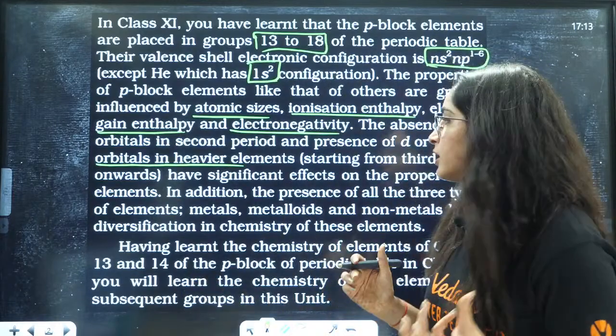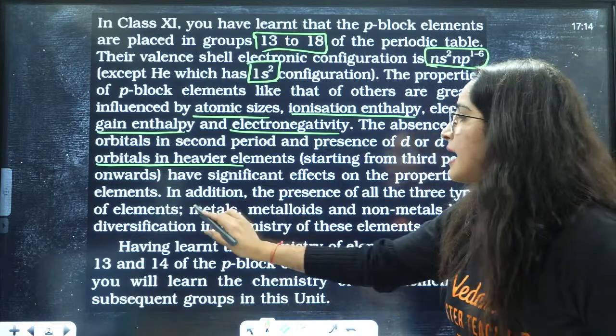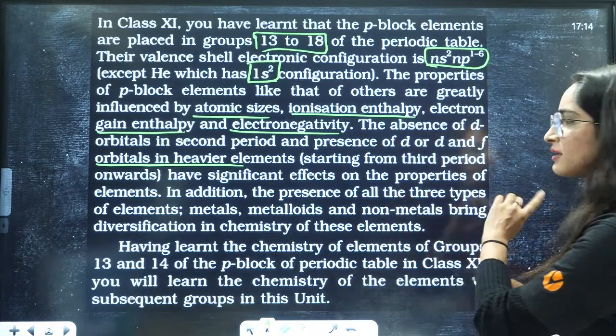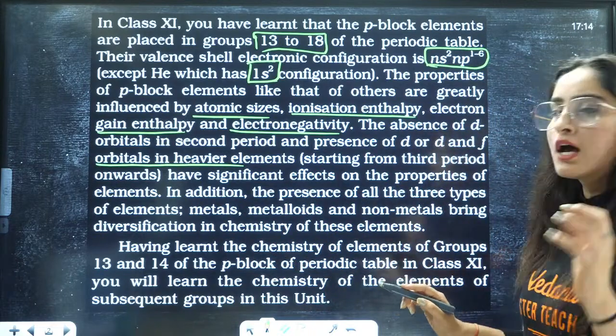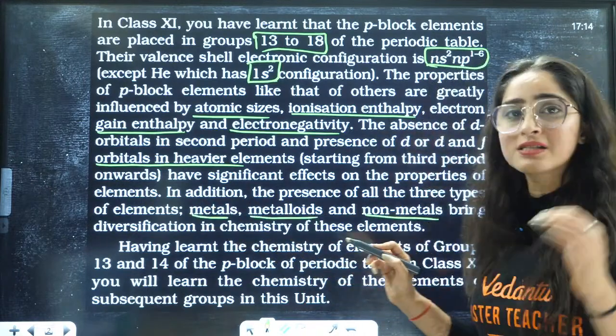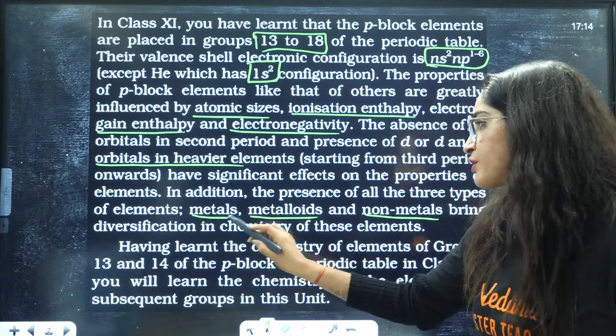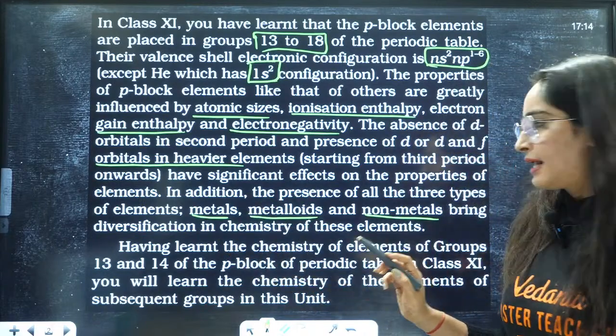The inert pair effect has a significant effect on the properties of the elements. In addition, all 3 types of elements, metals, metalloids, and non-metals, are present in P block, which brings diversification in the chemistry of these elements.